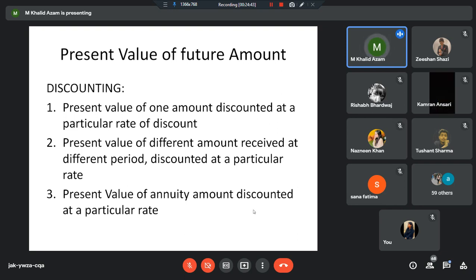We have tried to calculate what will be its value in future. You are depositing 1,000 rupees today, the bank is giving you 12% rate of interest compounded annually. So you are going to calculate on the basis of that okay, on 1,000 deposited at the end of the year, 12%, 120 rupees will become my interest. So the total will be 1,120 rupees.